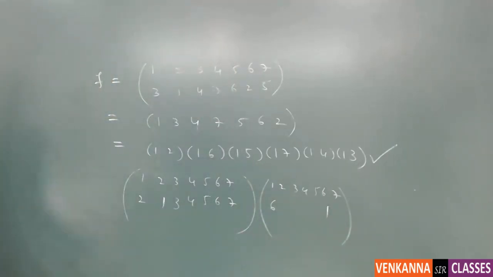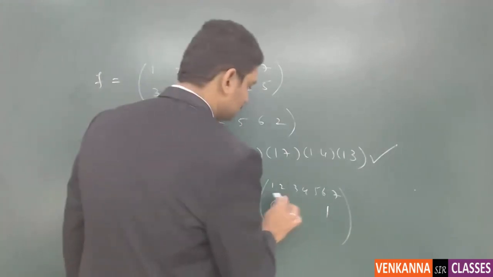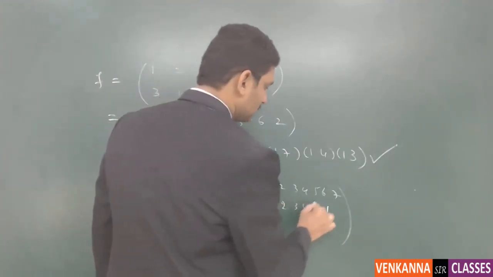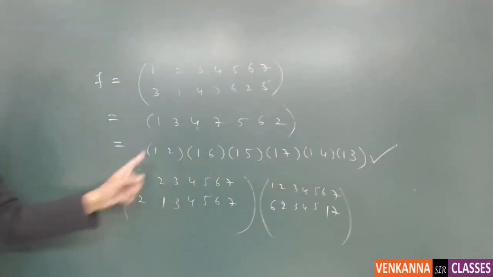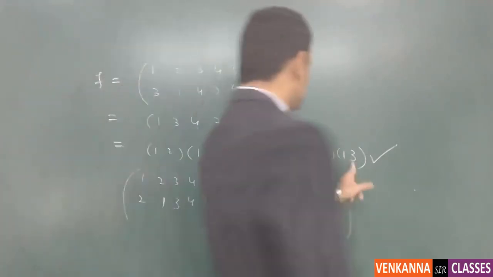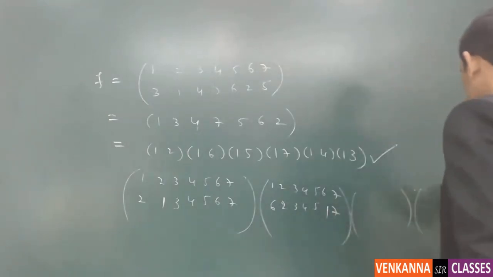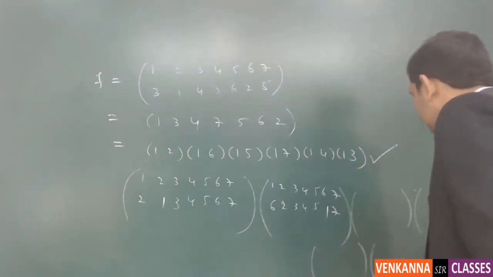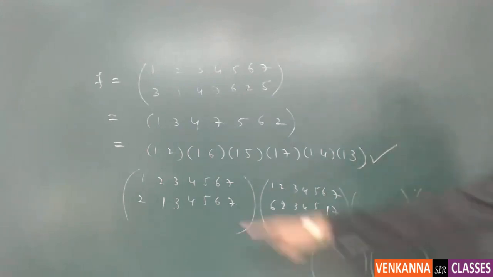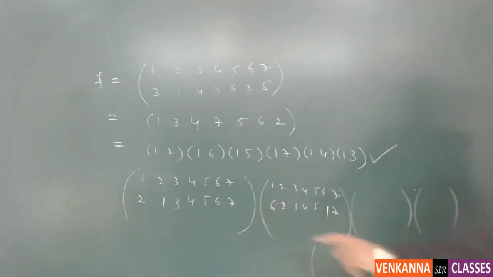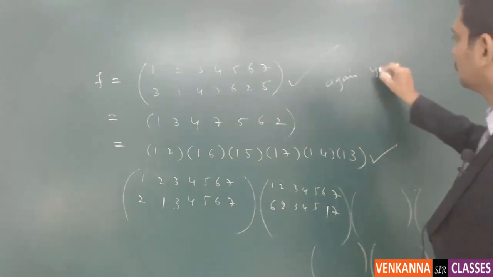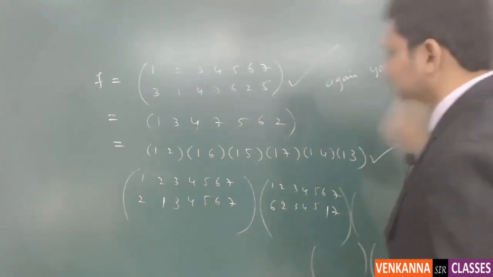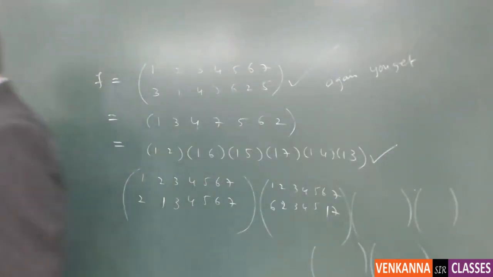Remaining are taken as identity. Similarly others. So 1, 2, 3, 4, 5, 6. If you multiply all of them, this will come again. That is the actual meaning there. Okay?